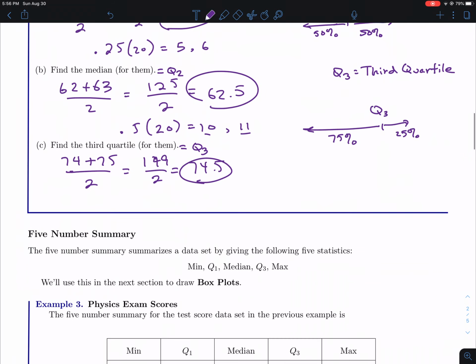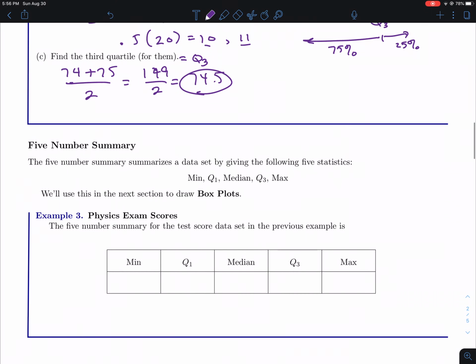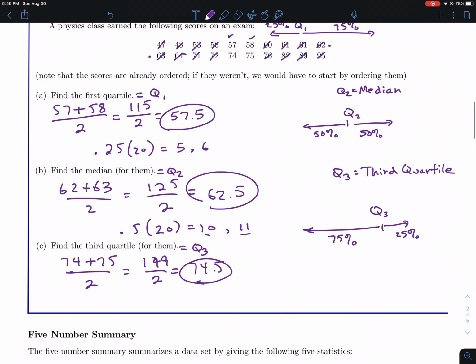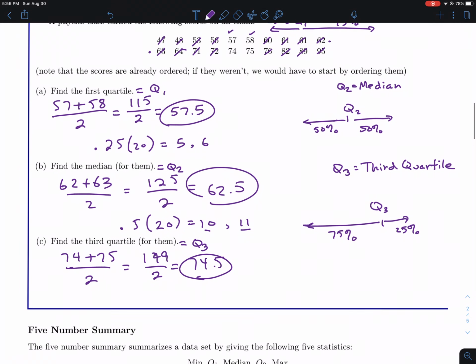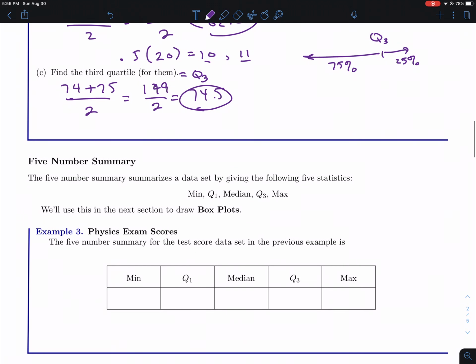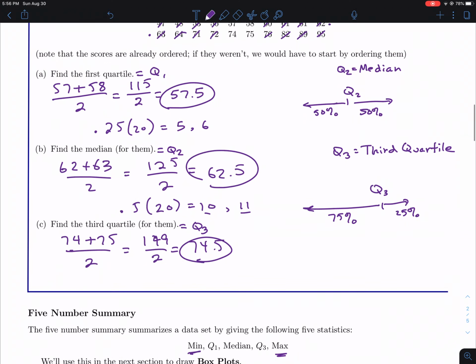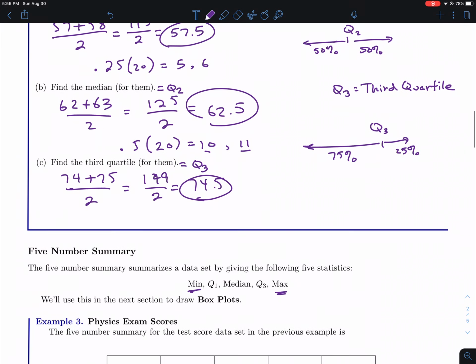So it turns out that the 5-number summary that we're actually interested in talking about is the 3 numbers that we just found above: the first quartile, the second quartile, and the third quartile. And what we throw in extra are the min, the smallest value on the list, and the max. So if we look at the data above, our Q1 was 57.5.